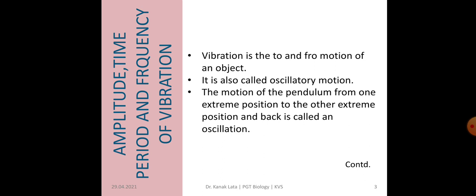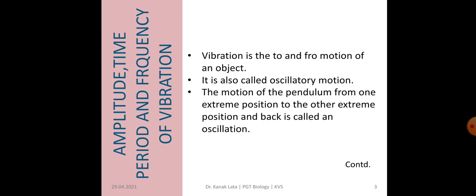As we have discussed earlier, vibration is the to and fro motion of any object, which is called oscillatory motion. So, what is oscillatory motion? It is the to and fro motion of any object.